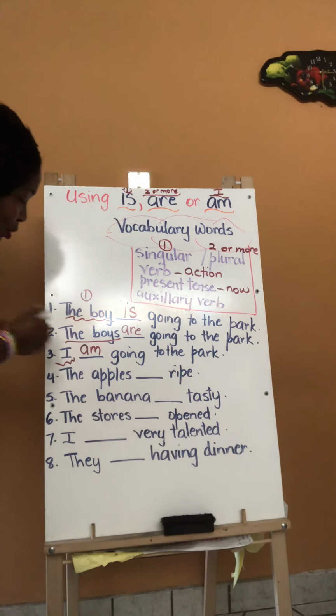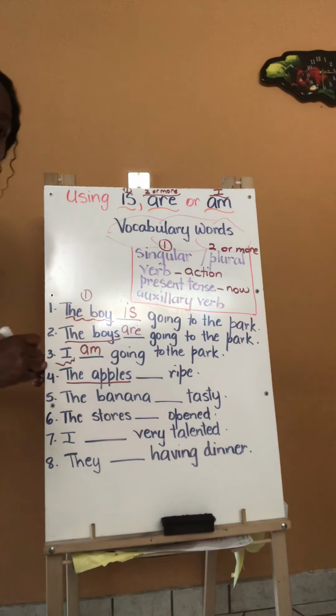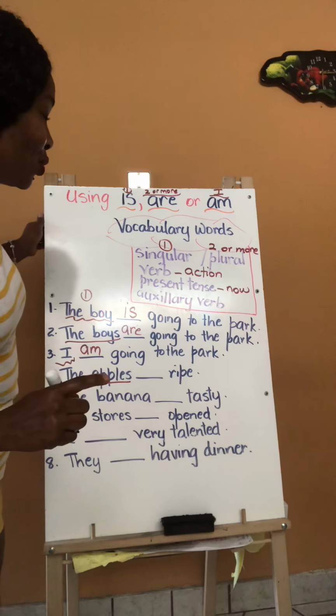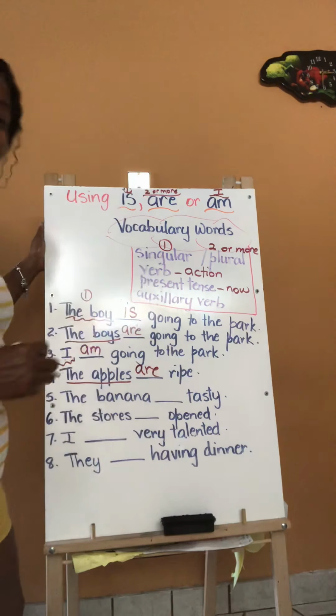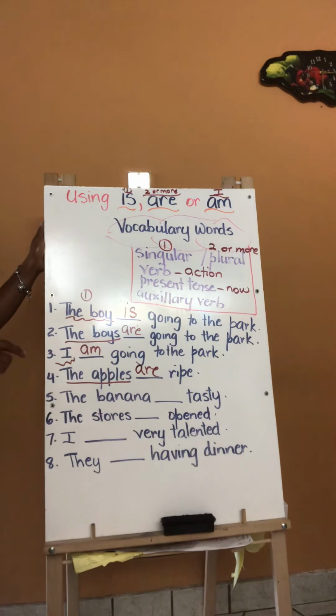I bet you noticed that we're talking about the apples, which is more than one. And because it is more than one, you chose are. Good job. So the apples are ripe.